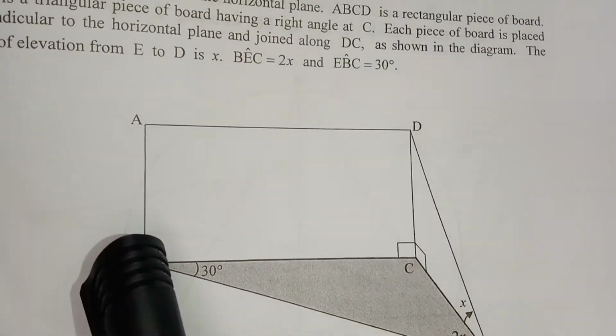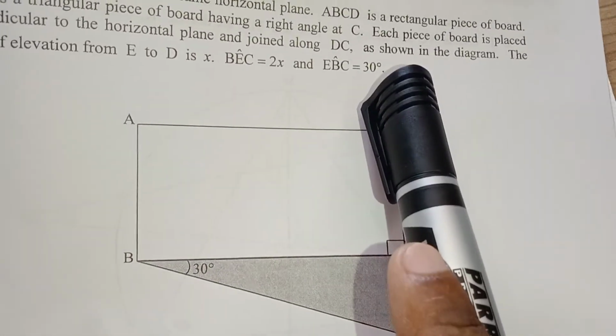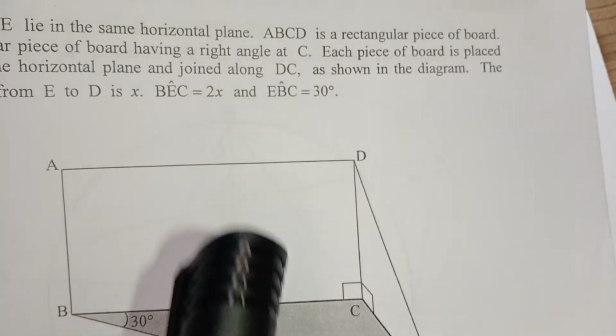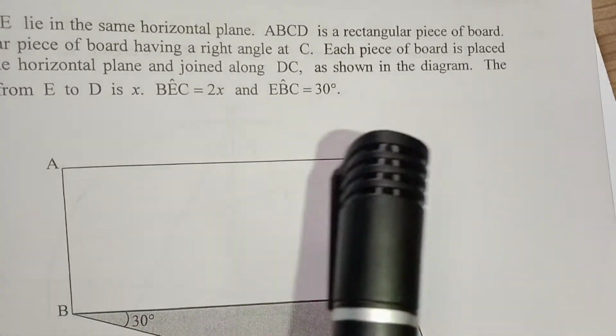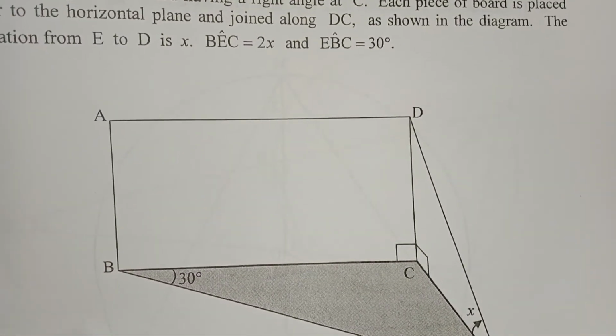Then you can have length, breadth there, okay? Remember, this side is equal to that one, and opposite sides are equal in a rectangle, okay?